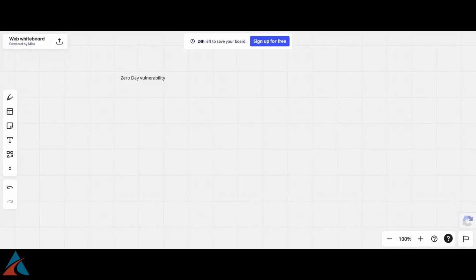Even after the assignment or once the class is completed, make sure you search on it at a deeper level. Search what the mitigations were, what the vulnerable version was, and what the upgraded version was.